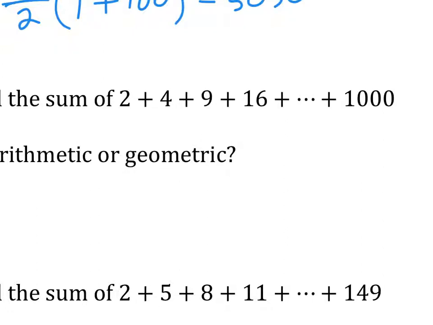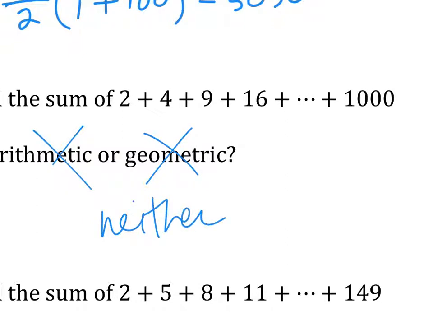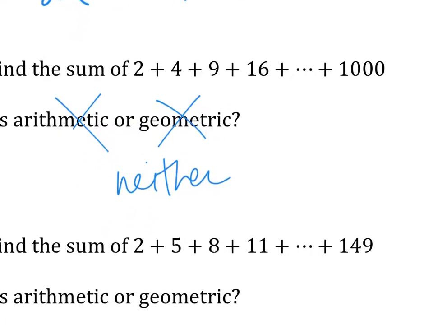Do you add the same number every time? No, so it's not arithmetic. How many people think it's geometric? What number do you multiply to get to the next number? No, it is not geometric. It's neither. So we cannot add it up because we have not learned something like that yet.